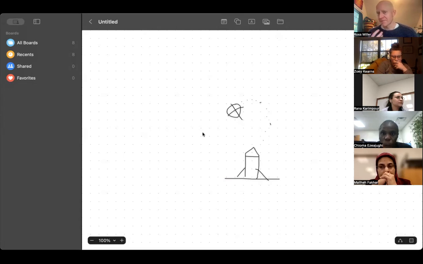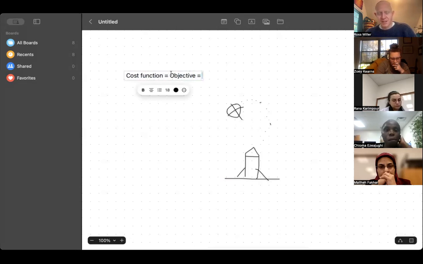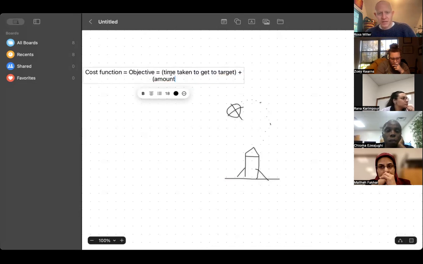And so you might also have this competing objective where you want to travel to the target in minimum time, but using minimum fuel, right? And so then your cost function, or your objective, might be something like time taken to get to target plus amount of fuel used, right?